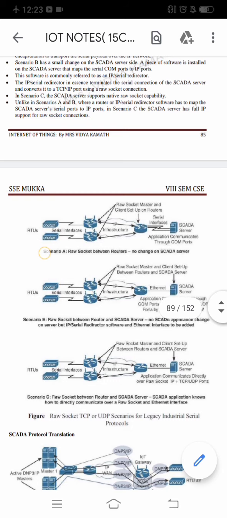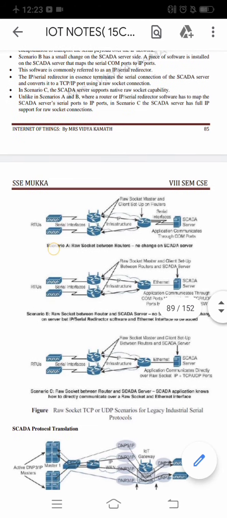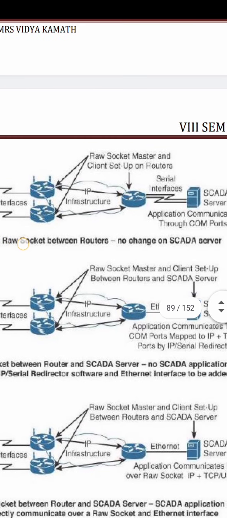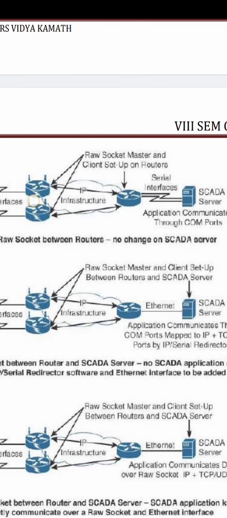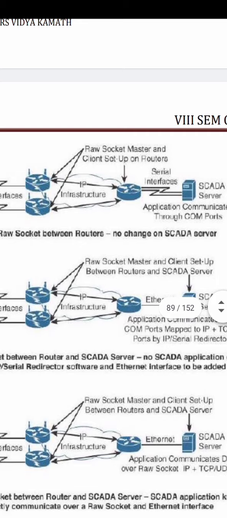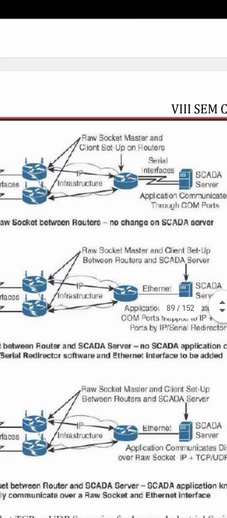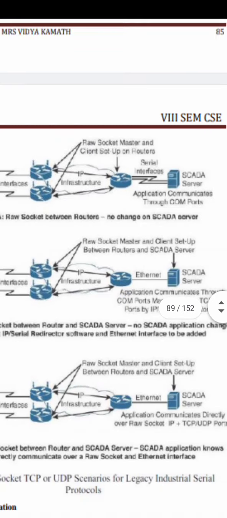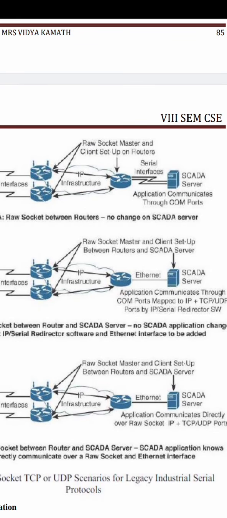Both the RTU and the SCADA server send serial messages to these routers, and the router is responsible for converting the serial interface messages into corresponding TCP/IP ports, or embedding them into the raw socket. There is no capability in the server for raw socket connection.